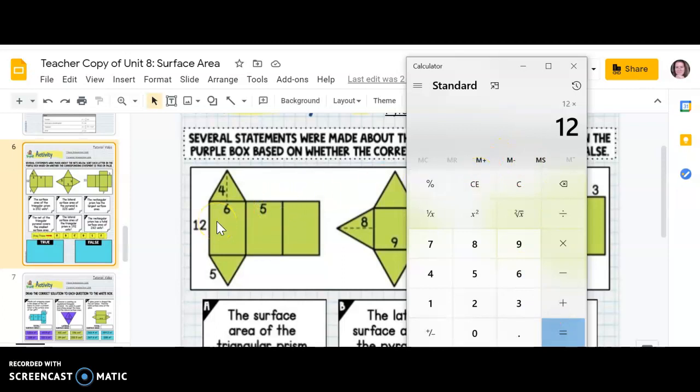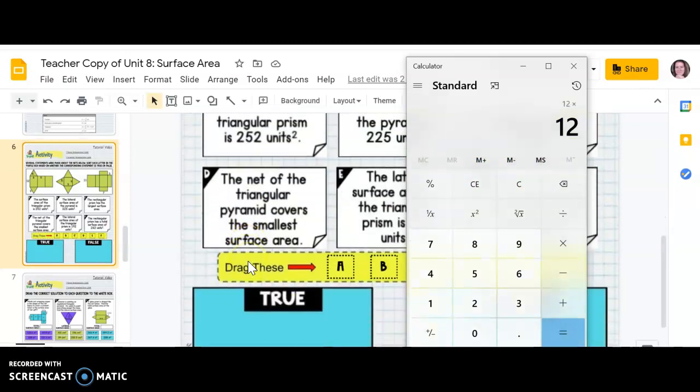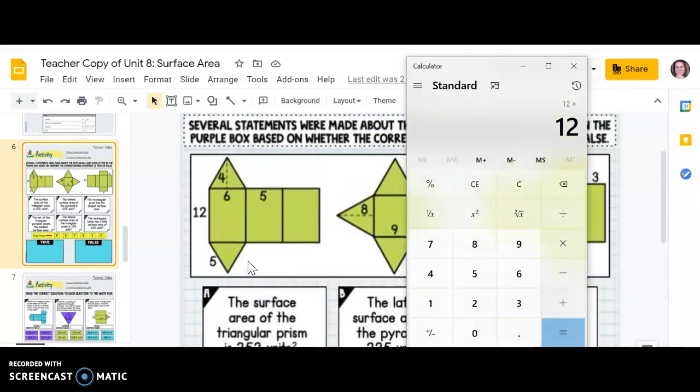What we need to do is find the area of all of these shapes, and that's what we've been doing. I don't have the chart, but on the previous slide, I have the reference chart, where you understand that the area of a rectangle is the base times height, or length times width. And so I do 12 times 6, and I get 72.